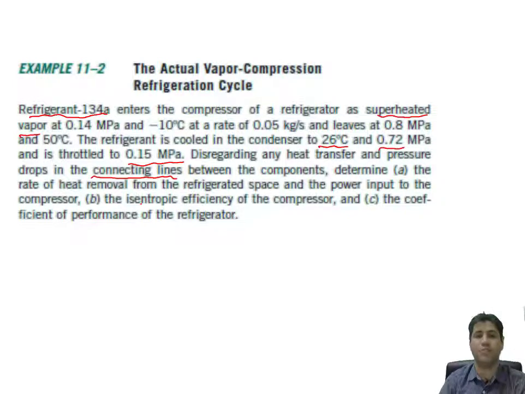In part B, we need to determine the isentropic efficiency of the compressor. I have already discussed that in a previous session. We will see how we can calculate it in this example. And in part C, the coefficient of performance for this refrigerator, or COP R, should be calculated.